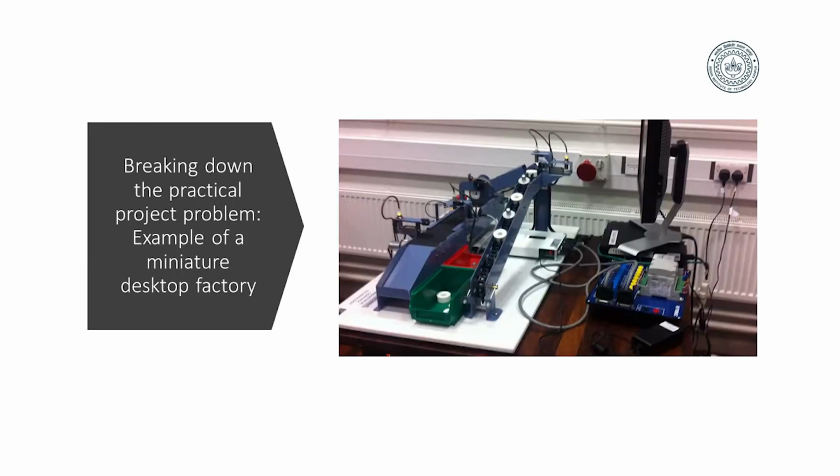So, let us look at how you can do your practical project. Okay. Some of you are probably nervous after going through a brief as to how you will do it. Let us look at this one desktop miniature factory which I worked on when I was in the UK at Queen's University.